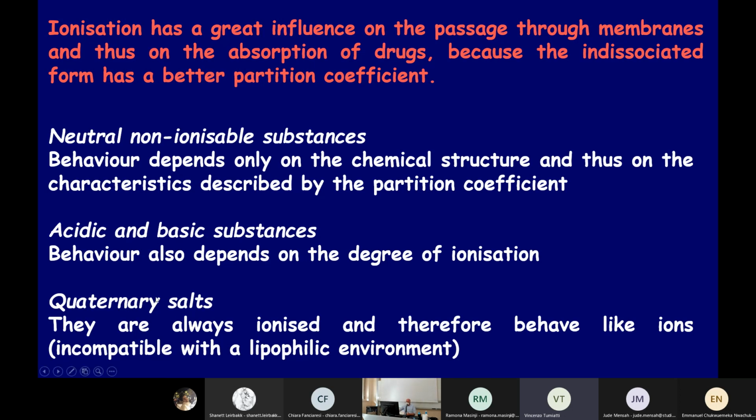There is a special class of compounds charged at every pH value, for example the quaternary salts. These compounds remain outside the membrane, and so we can limit the effect of these drugs only to the periphery, not the brain.